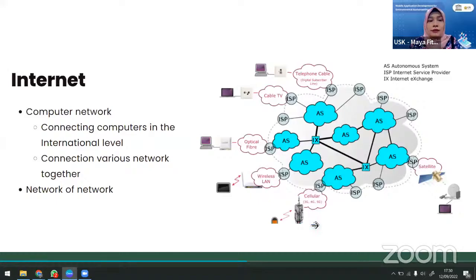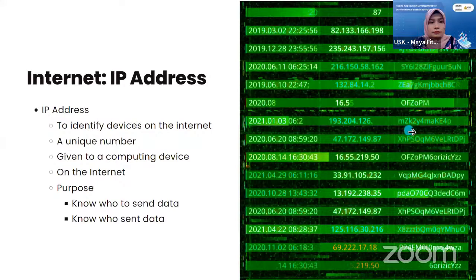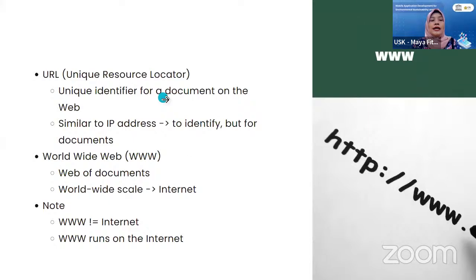So devices at a global scale can exchange and communicate with each other. And the URL is to identify the document on the web. It's a uniform resource locator, similar to an IP address.